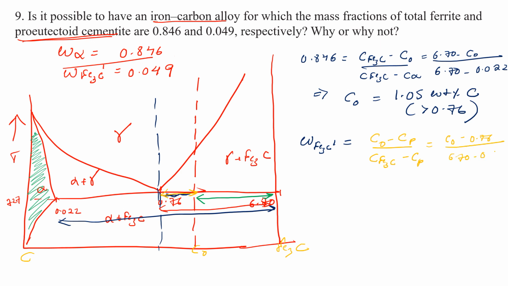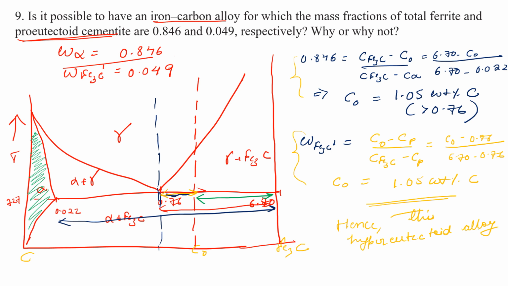On solving this, we should get C0 to be 1.05 weight percent, which matches, right? Whether we approach it this way or that way, we have the same answer in both cases. So hence this hyper-eutectoid alloy is possible. There's no doubt about it.